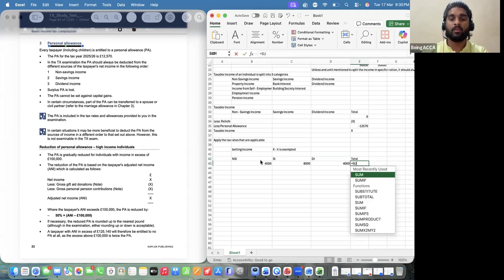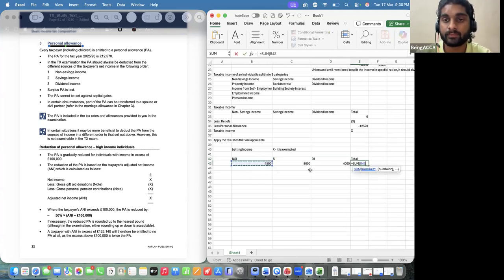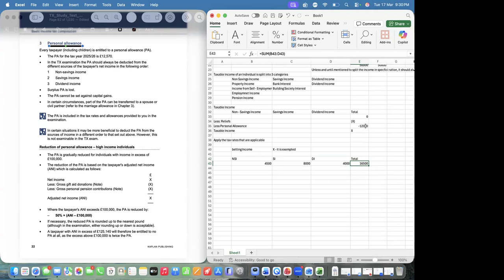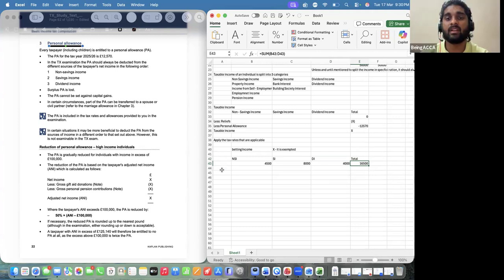So we will say this sum to be 16,500. Is it more than 12,570? Yes, sir. So how do we deduct personal allowance? One income itself is not having 12,570. So do we just show personal allowance as minus 12,570 here and ignore whichever incomes they are part of?